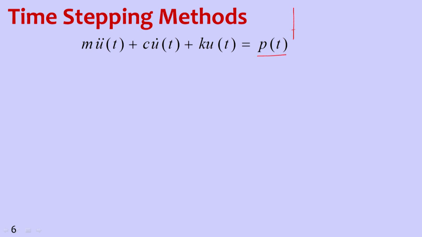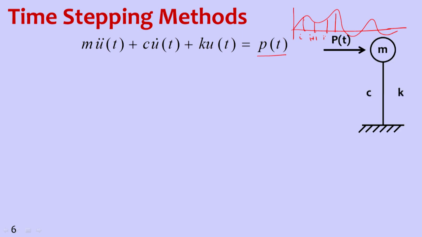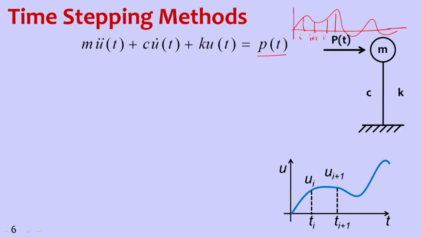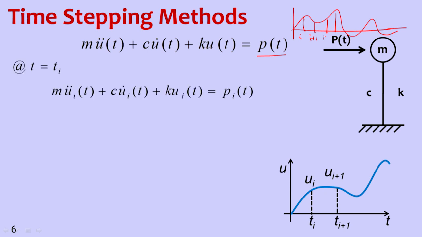Now, time stepping methods. In time stepping methods, we discretize the forcing function, that is force, into different time intervals, like t at i plus 1, t at i plus 2, like that. You can see this is the response at time t is equal to ti.